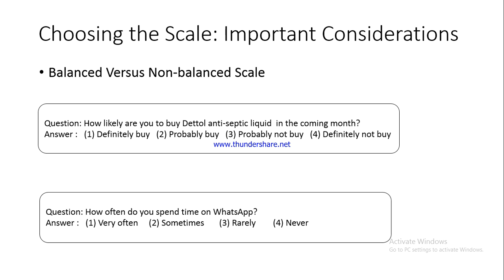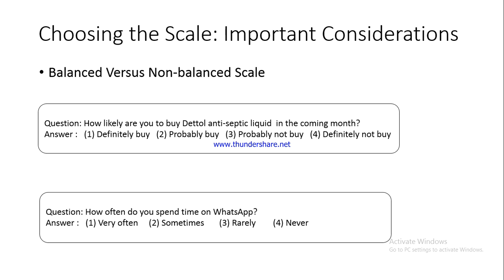So there is just one negative category, which is never, and this is a non-balanced scale because there are 3 positive categories against just one negative category. This was not the case in the first example that we took. Here we had 2 positive categories as well as 2 negative categories, and that was why this was a balanced scale.